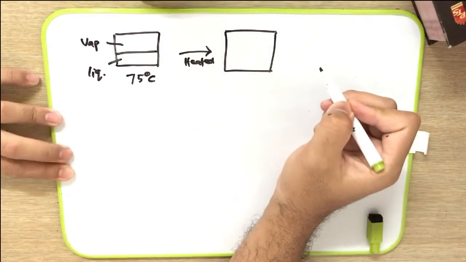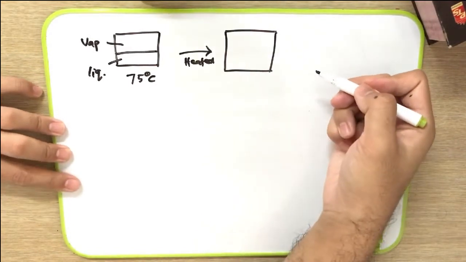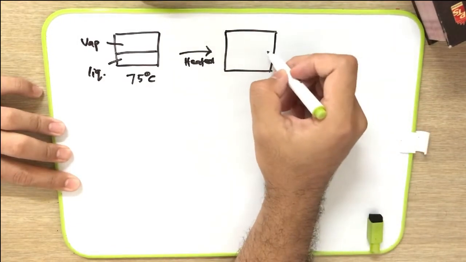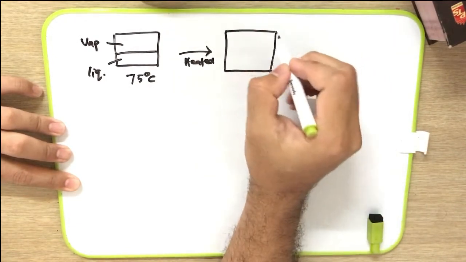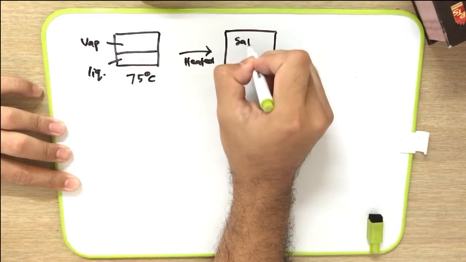Just like in question number 2, when it is completely vaporized it means that all of the water in here becomes saturated vapor.